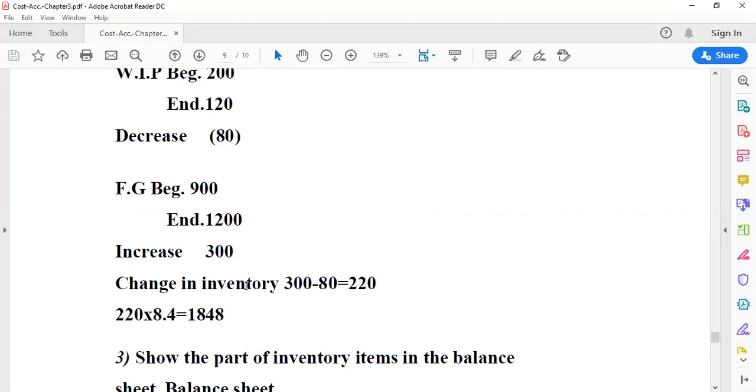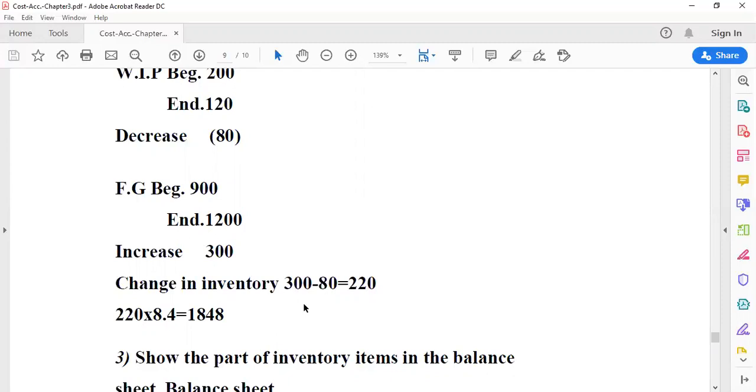Now in our inventory, we have something that decreases and something that increases. What is the change in inventory? We should take our increasing amount and subtract from it our decreasing amount. So 300 minus 80 gives 220.